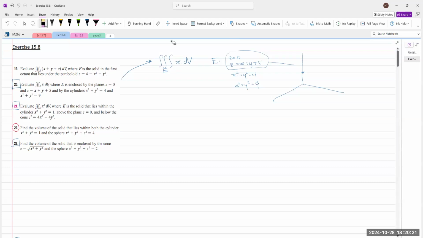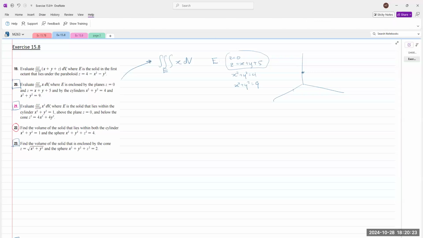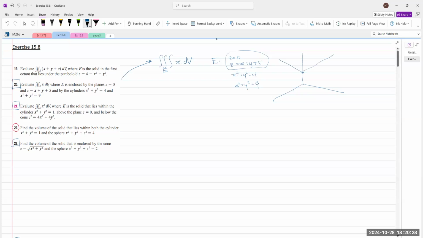It looks like the plane is actually sticking out. I don't have enough space. So the plane will be sticking out like this in 3 dimensions.